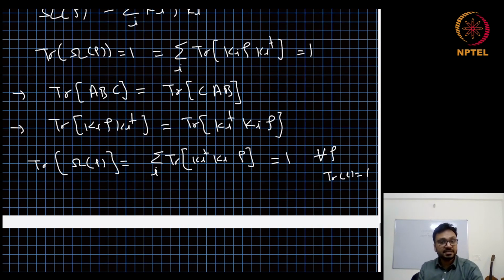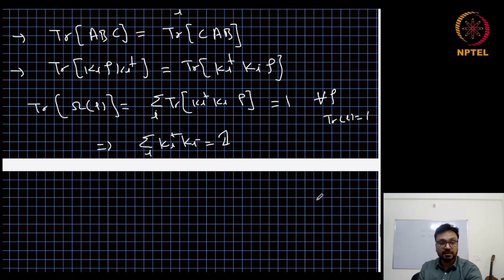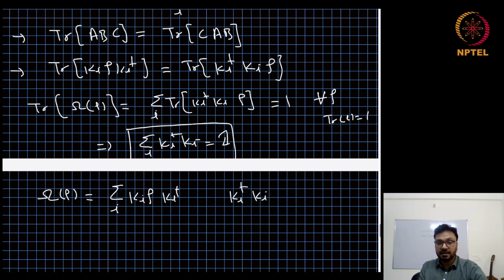This is true for all the states rho. It means that sum over i Ki dagger Ki must be identity. So this condition on the operators Ki is the condition for trace preserving nature. So omega of rho for a completely positive and trace preserving map can be written as sum over i Ki rho Ki dagger, and sum over i Ki dagger Ki is identity.